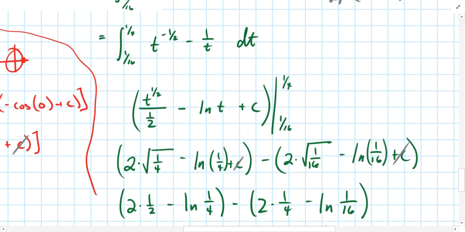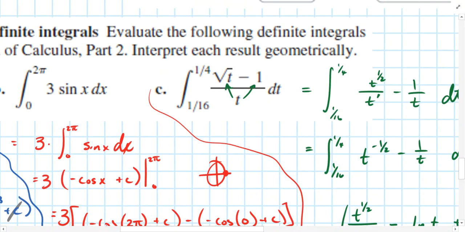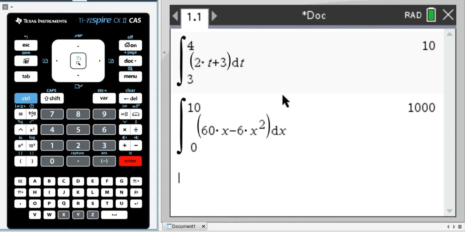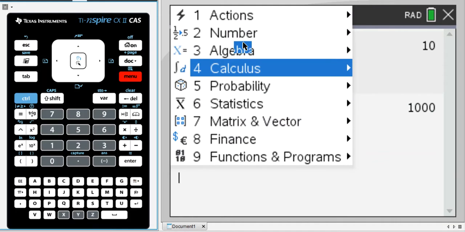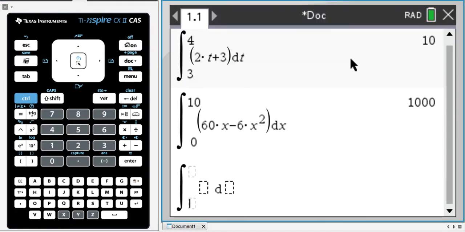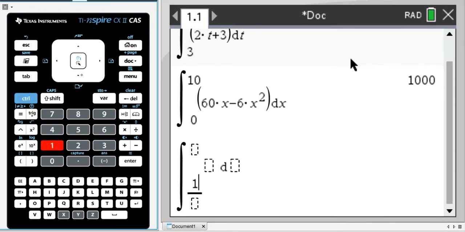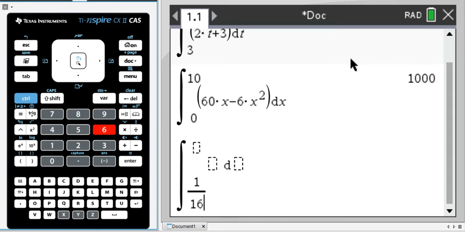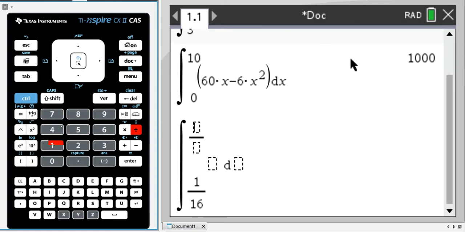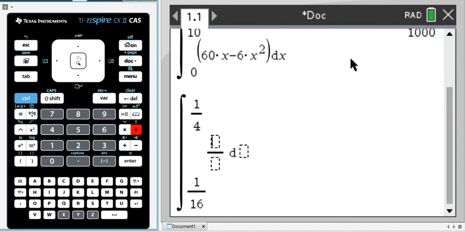So let's see. We'll use the calculator to evaluate this integral first, and we'll see if that's a negative number. So on the calculator, we'll pull up our calculus menu and evaluate the integral from 1/16 to 1/4. And we're evaluating the function, which is a fraction in and of itself.